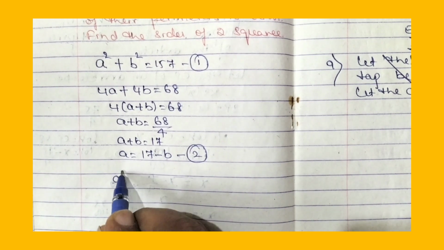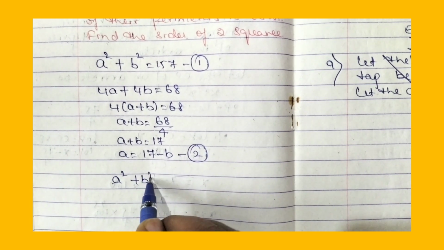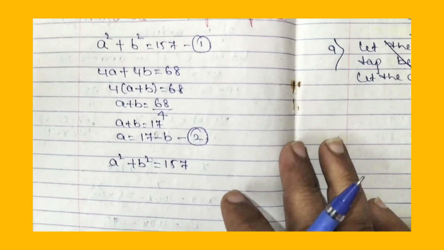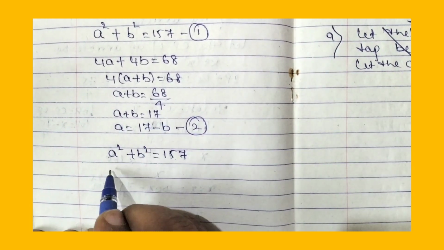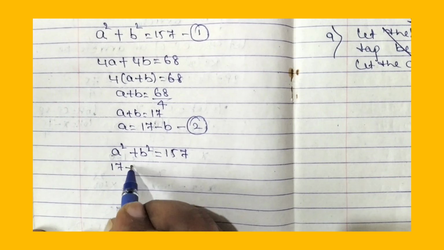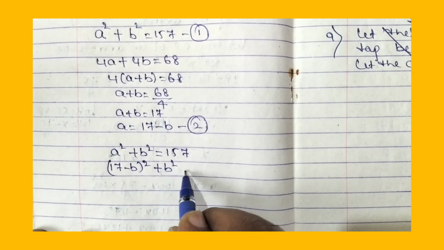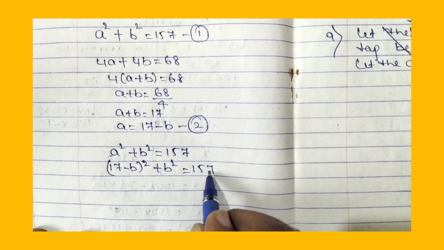Now you take equation 1. So a square plus b square is equal to 157. Now a means 17 minus b. So a square means 17 minus b whole square plus b square is equal to 157.